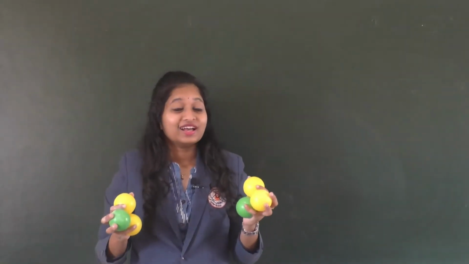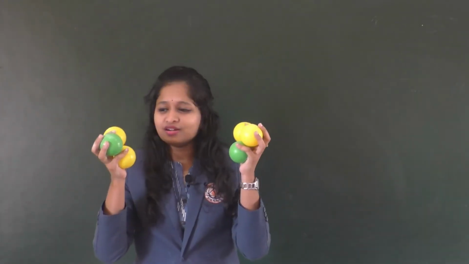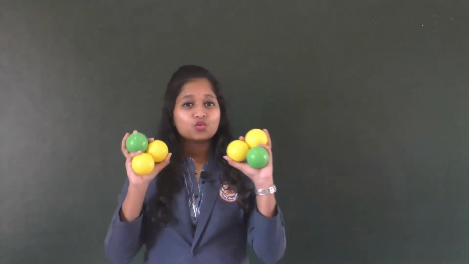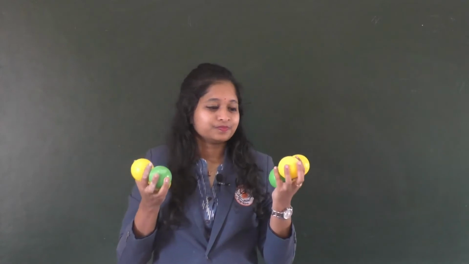So children, I have a few balls here. In total, there are 6 balls: 4 yellow balls and 2 green balls. So what is the fraction of green balls here? It is 2 by 6.